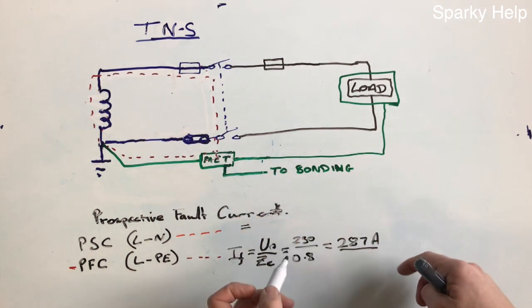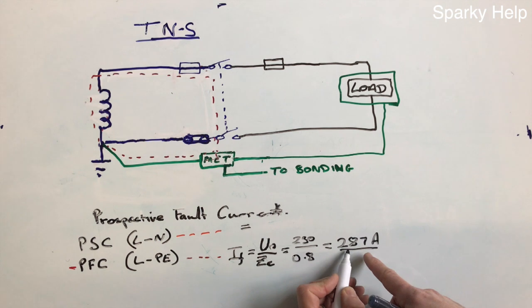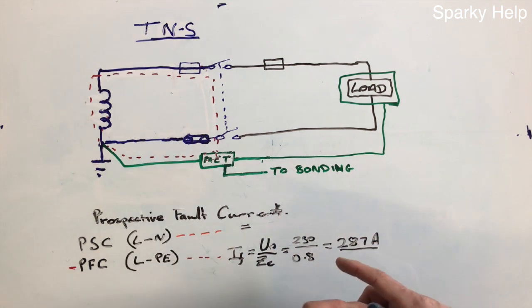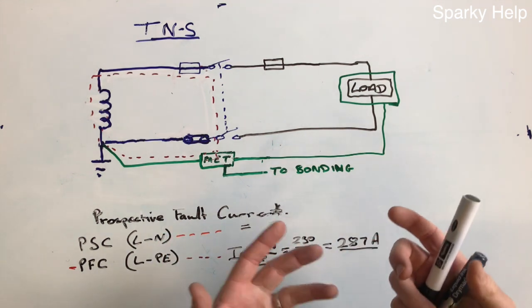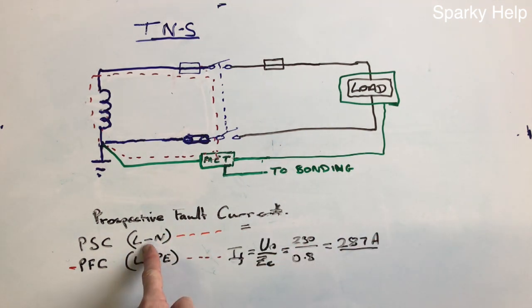So this would be the smallest amount of fault current that is likely to flow on TNS installations. Chances are it'll be a lot larger, but we need to know the largest out of these two. So you then set your meter to LN, between live conductors, in other words between these two.